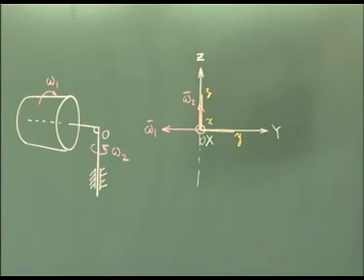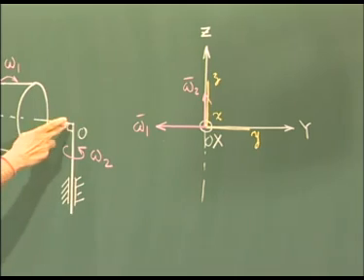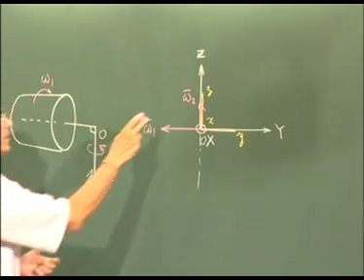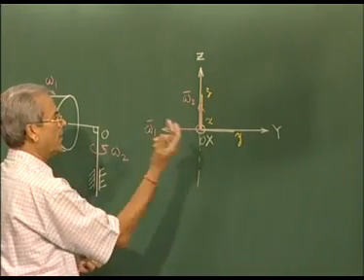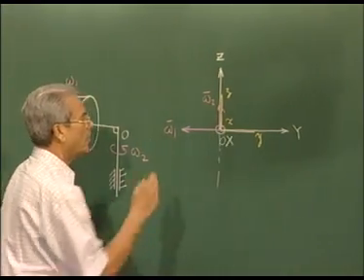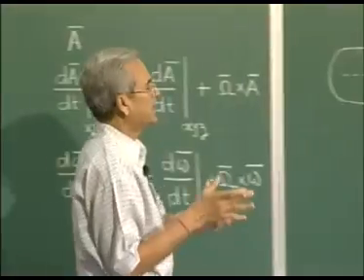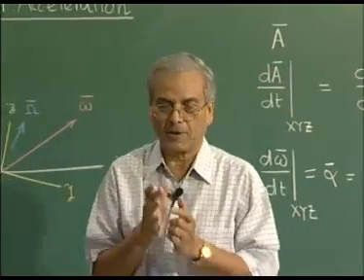Now, what we do? We consider this small xyz frame to be rigidly attached to this horizontal axis carrying the drum. So, therefore, this omega 2 is nothing but the angular velocity of this small xyz frame, which is rigidly attached to the shaft carrying the drum.